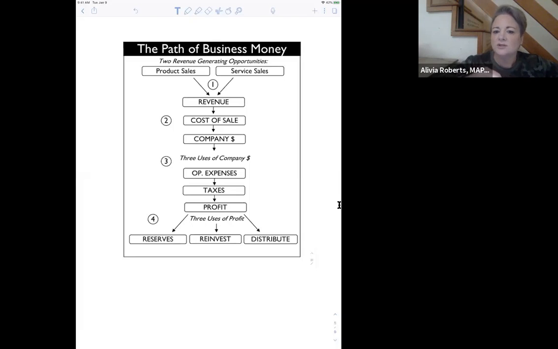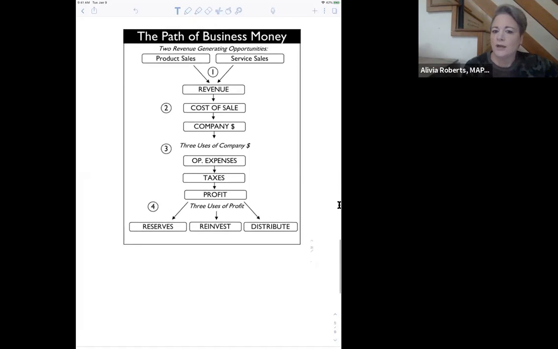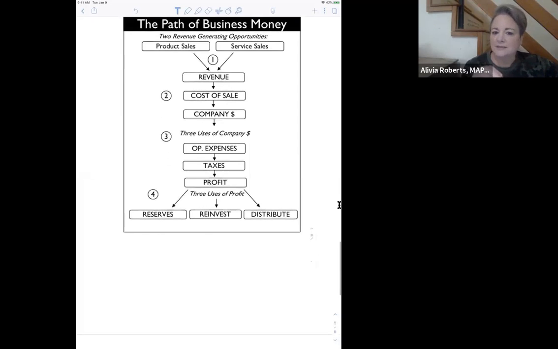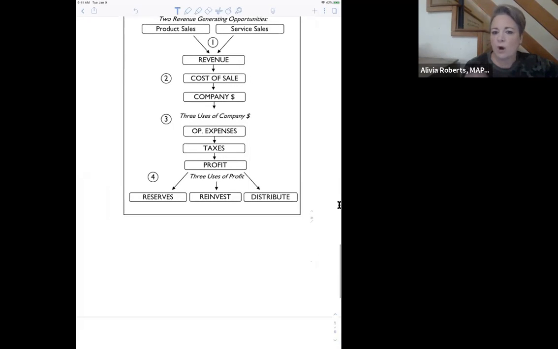Now, the way this shows up is gross profit. Then we say, okay, if that's gross profit, where does the money go? Well, this is the money that actually hits our bank account after cost of sales. Some goes into operating expenses, some goes to pay taxes, and then the rest goes to profit.